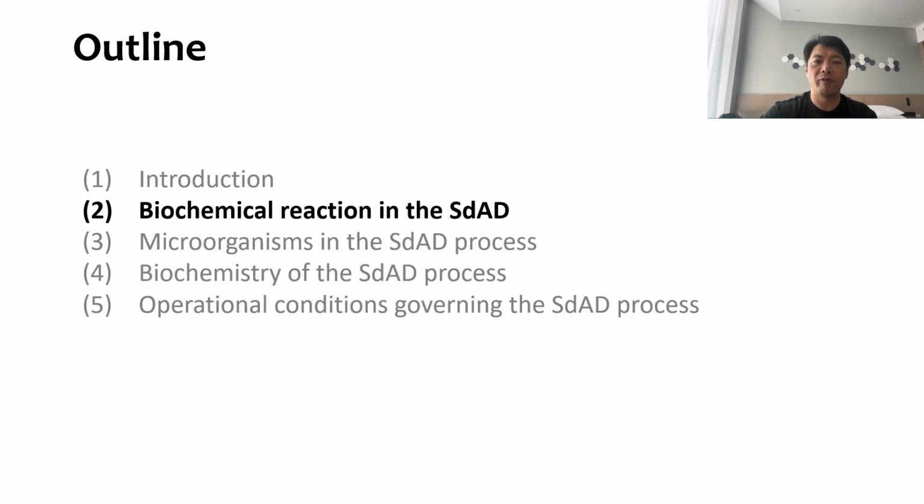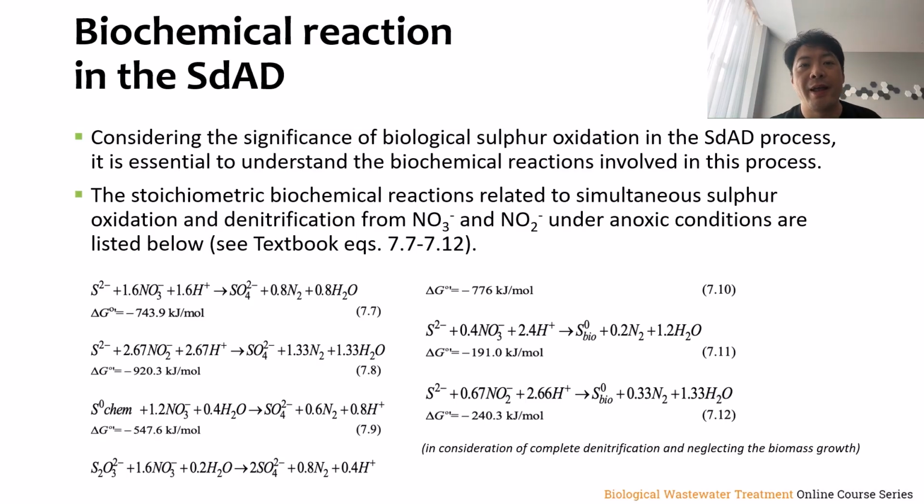After the overview of the concepts, let's see some details about the biochemical reactions. First, let's see the transformations and energy implications of sulfur oxidation and nitrogen oxide reduction reactions, particularly in the bioremediation and wastewater treatment context. The oxidation of sulfide is crucial in many environmental and industrial processes, involving the transfer of 8 electrons from sulfide sulfur to oxygen, converting it to sulfate.